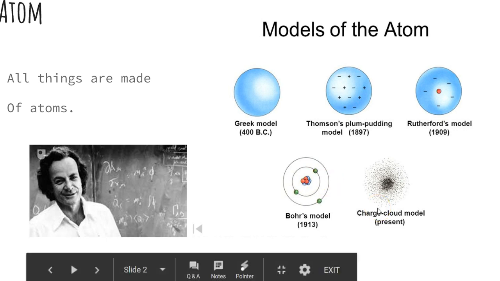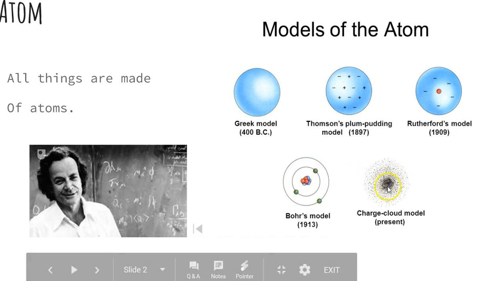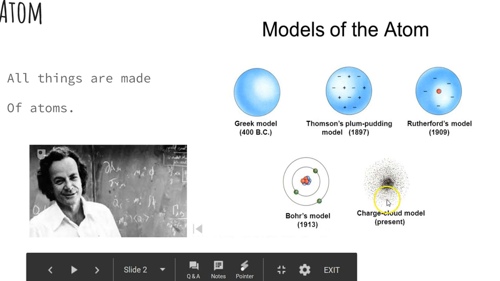In today's model, we have the charged cloud model. Pretty much we said that we cannot determine the location of these electrons, and so we have a probability of where the electrons might be, and we'll talk about that more in section 2.